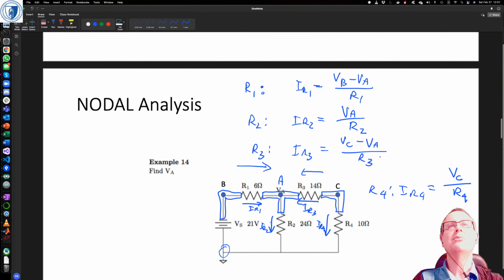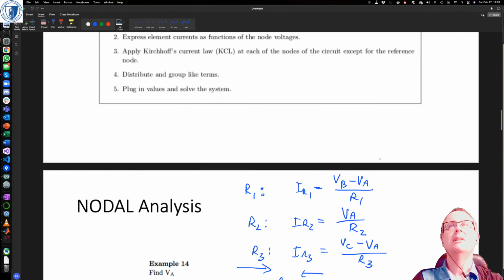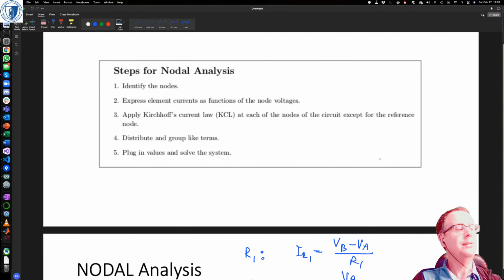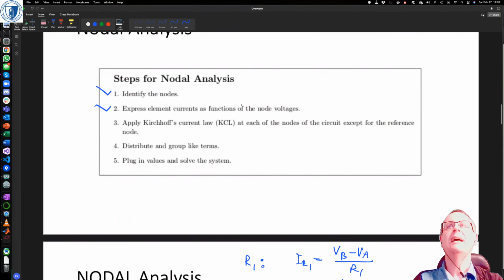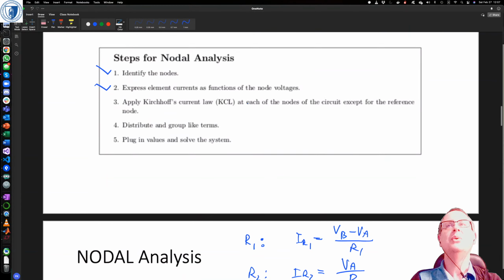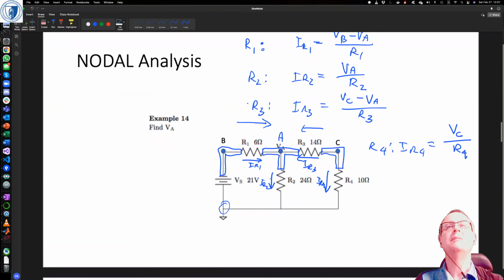Okay, so that's writing out the element currents. So we've identified the nodes, we've expressed the element currents as functions of the node voltages. Now we apply KCL at each of the nodes except for the reference node.